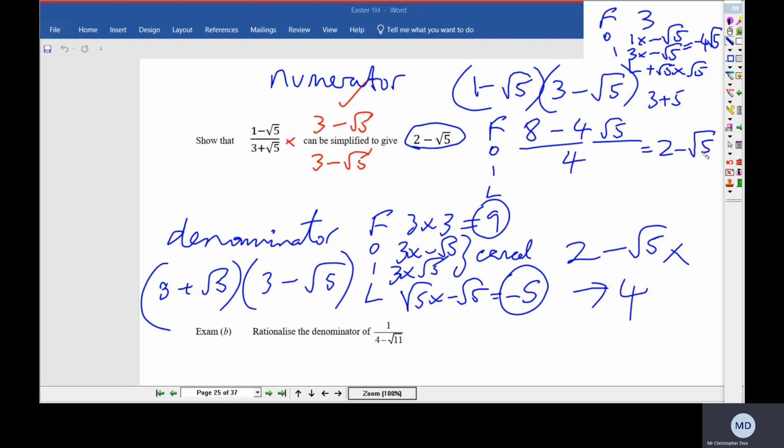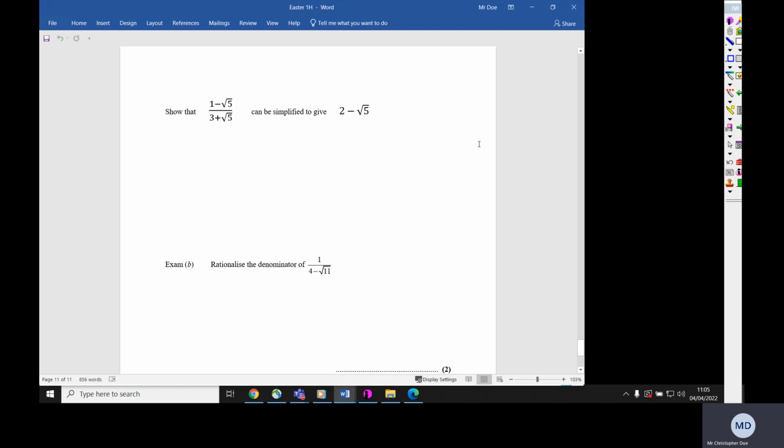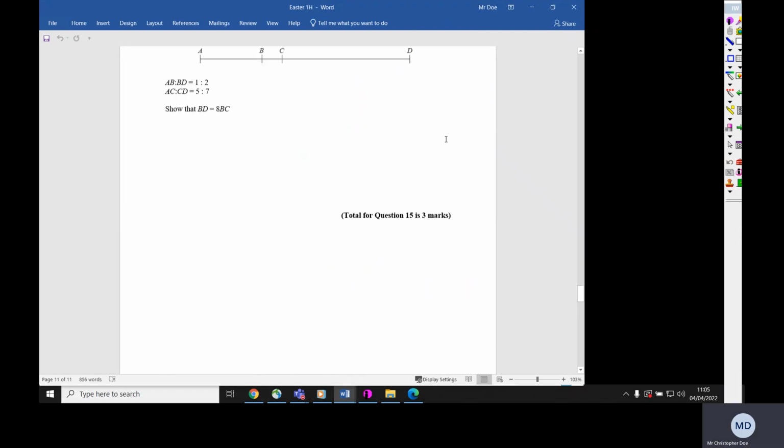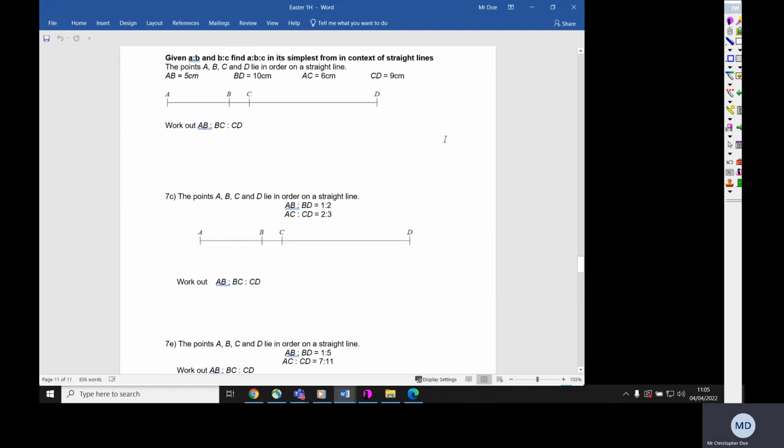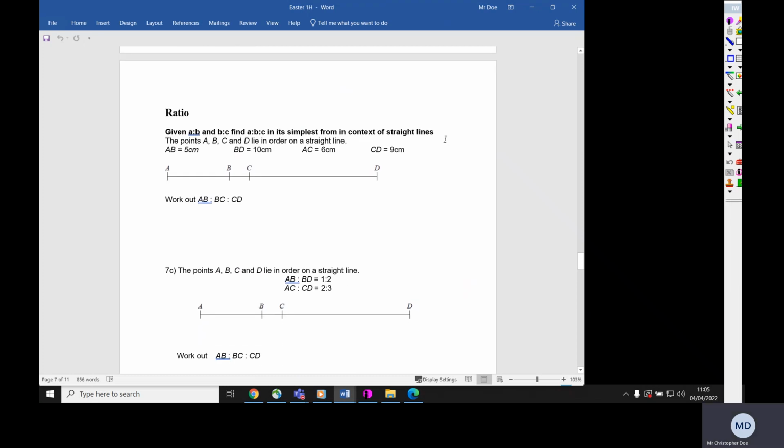Next topic. I'm going to do ratio next. The same booklet. Right. I'll get it up at the right page. It's the paper for it. Ratio. Just above it. Oh, there's 2 ratio sections.